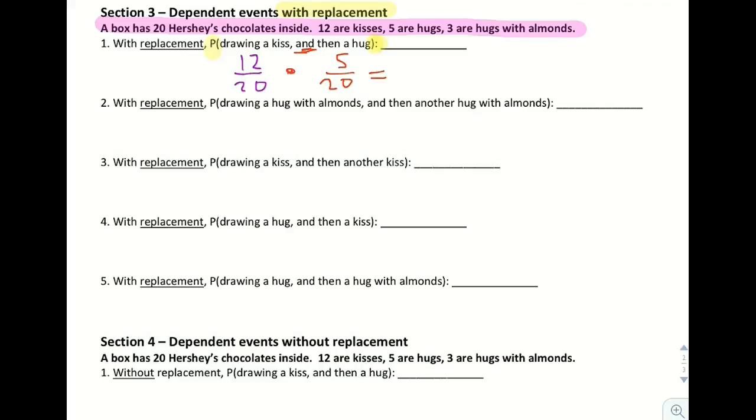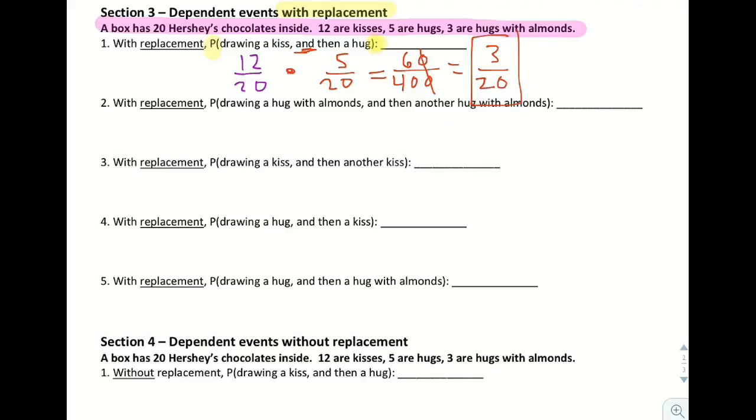So if you typed in 12 over 20 times 5 over 20, that would get you a little closer to the answer. Otherwise, you could multiply straight across like this, and if you divide the top and bottom by 10, it reduces, and if you divide the top and bottom by 2, you can get it down to 3 over 20 as your overall probability.